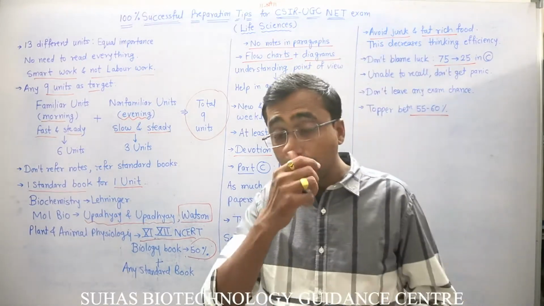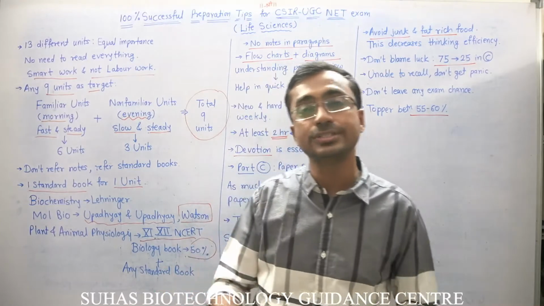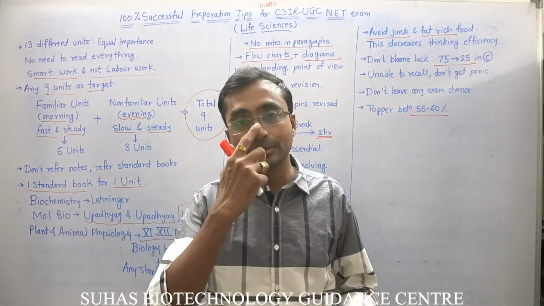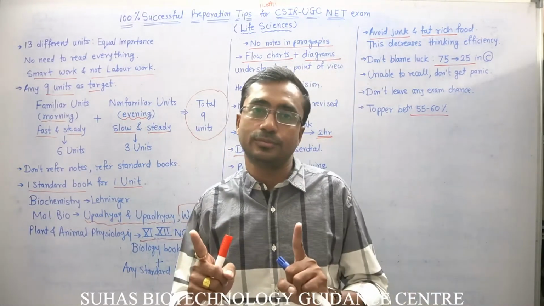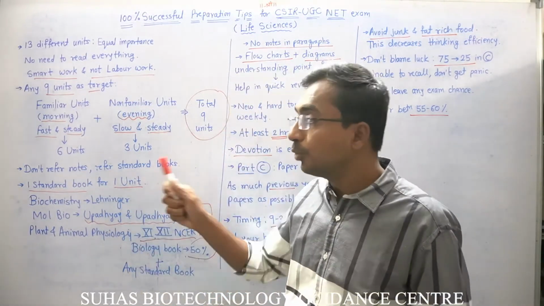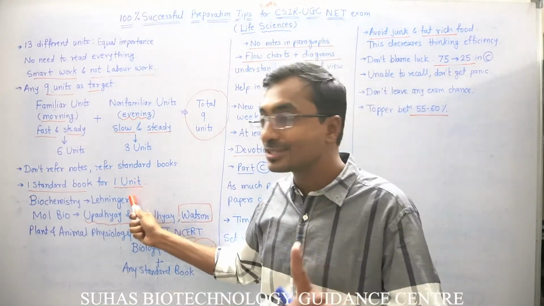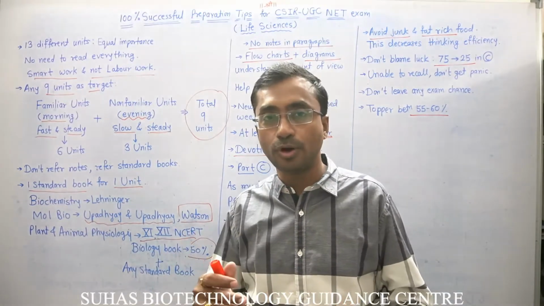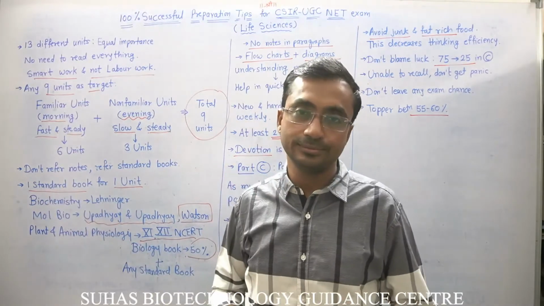Then, don't refer to any notes. Many students refer to notes prepared by their seniors or friends, but keep in mind, never refer to any notes. Always refer to standard books. For 1 unit, just refer to 1 standard book, that much is sufficient. No need to go for 2 or 3 standard books for a single unit.